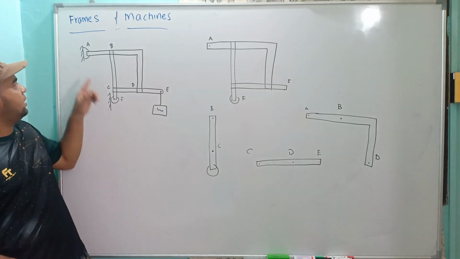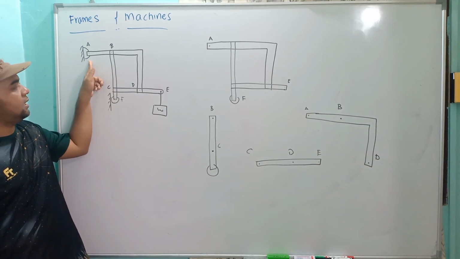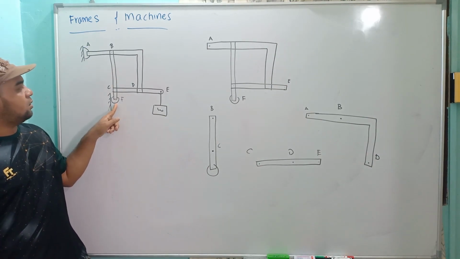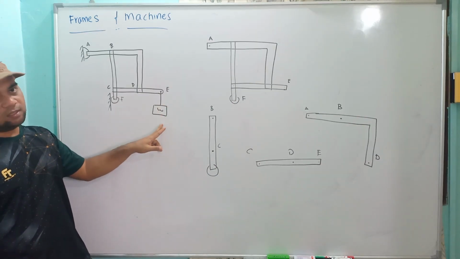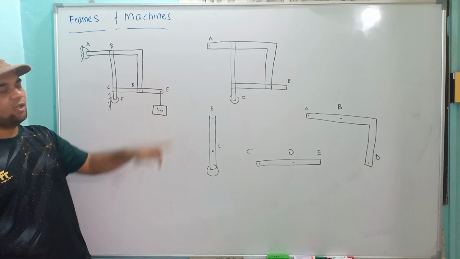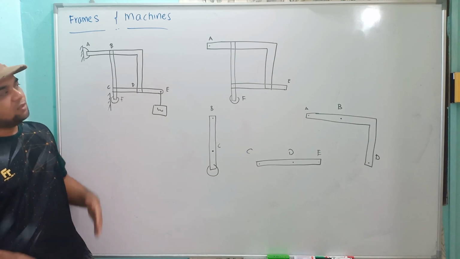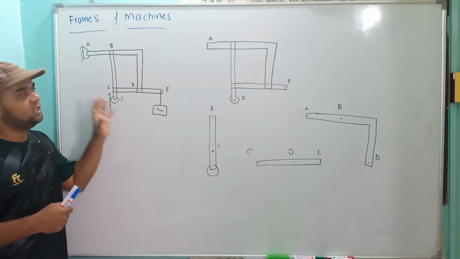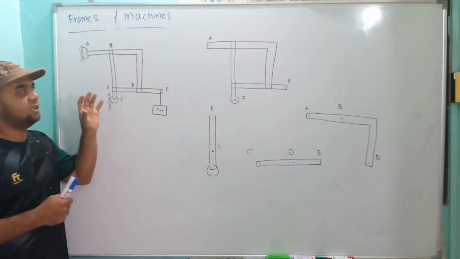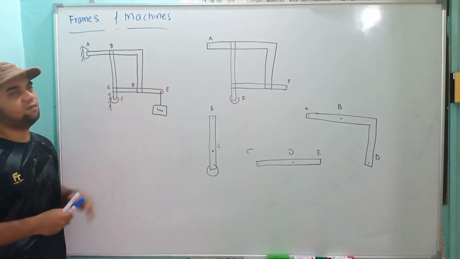We have a pin joint at A, a roller at F, and a weight hanging on point E. We should be able to draw the free body diagram for each and every component and also the overall free body diagram.